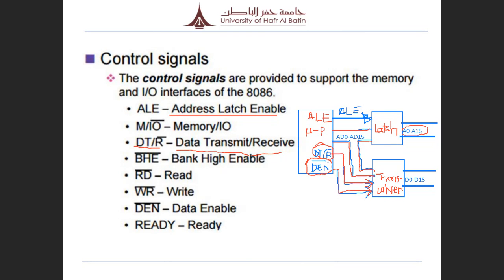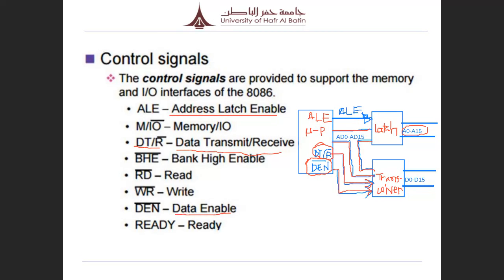We will see the details. And then what is the function of data transfer/receiver? Data moves from the microprocessor towards the memory or input output system, or data can come to the microprocessor from memory or input output system. So it controls the direction. And DEN is for data enable.